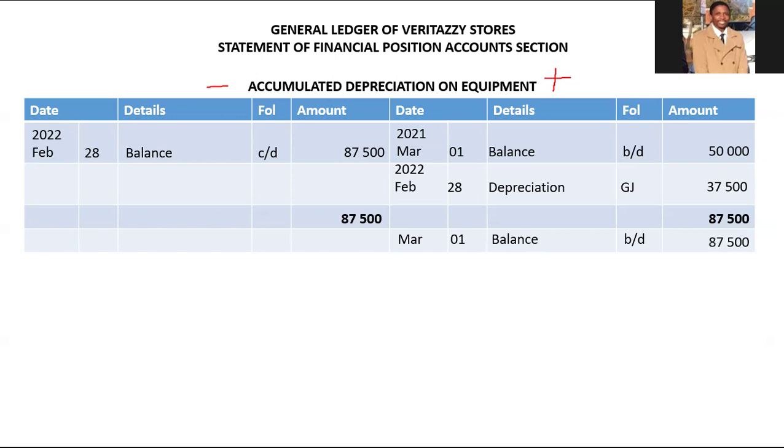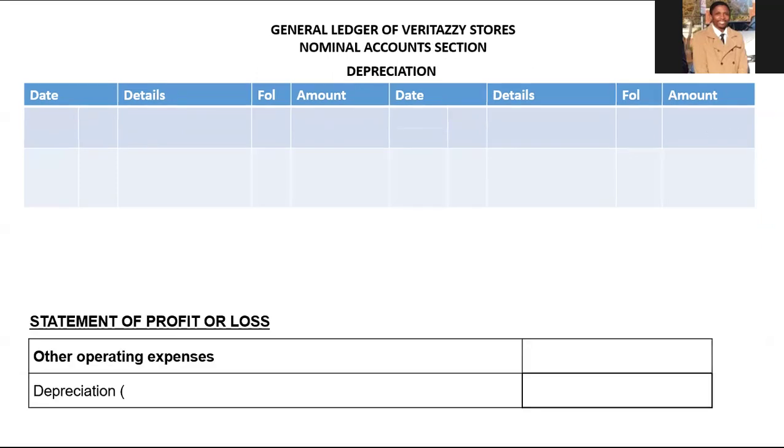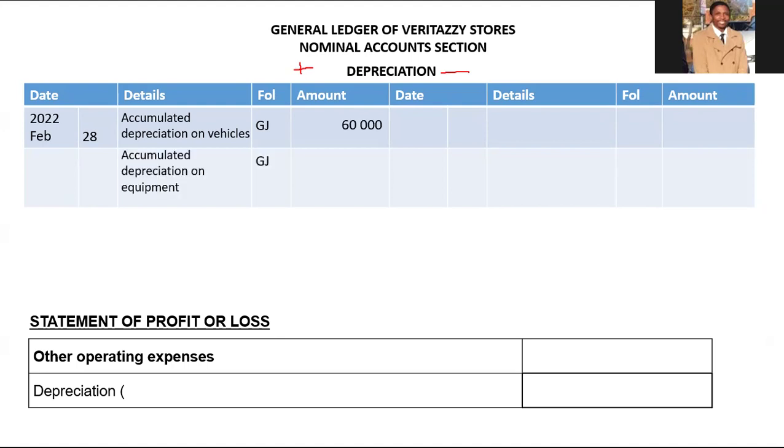This is a statement of financial position account. That's why it has a balance carried down and balance brought down. The depreciation account is an expense account, which will be a plus, minus. It'll increase by current year depreciation, made up of depreciation on vehicles of 60,000 and depreciation on equipment of 37,500.